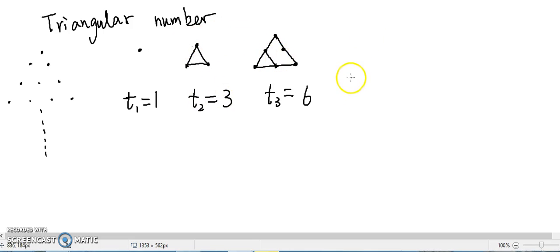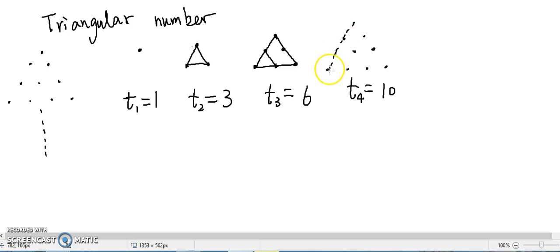And if we have 4 rows, we get the fourth triangular number: 1, 2, 3, and 4. And so we can add all these together, we get 10.